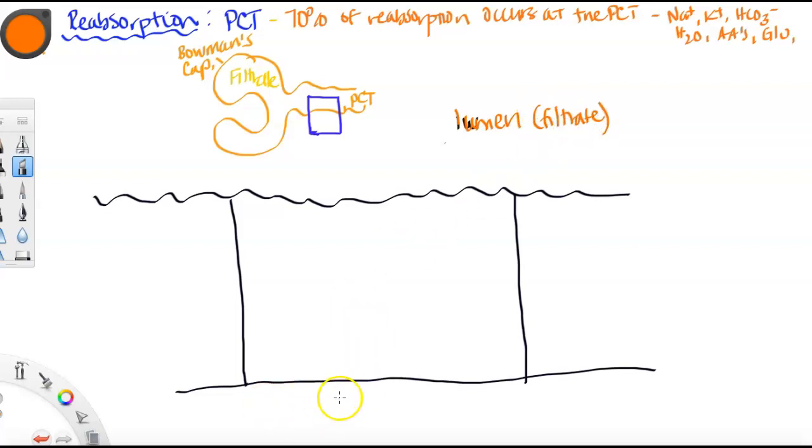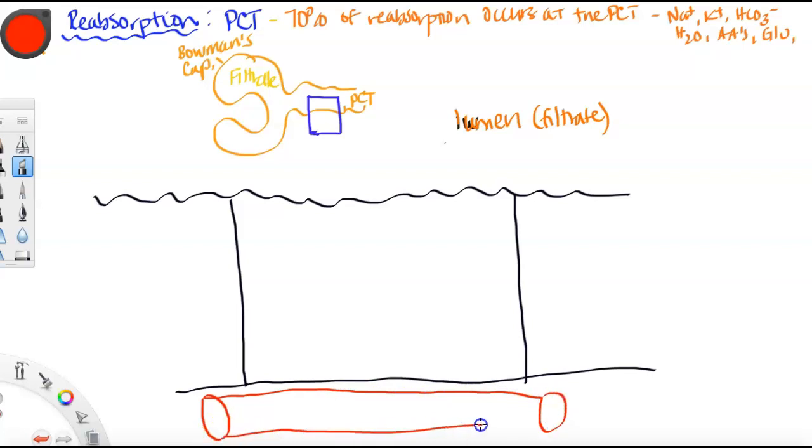Down here is the basolateral area that's stuck to the body, right? And so there's going to be a blood supply here, some capillaries. These are paratubular capillaries that are around the tubules here. We talked about that. The paratubular capillaries are just all these capillaries that wrap around the proximal and distal convoluted tubule.